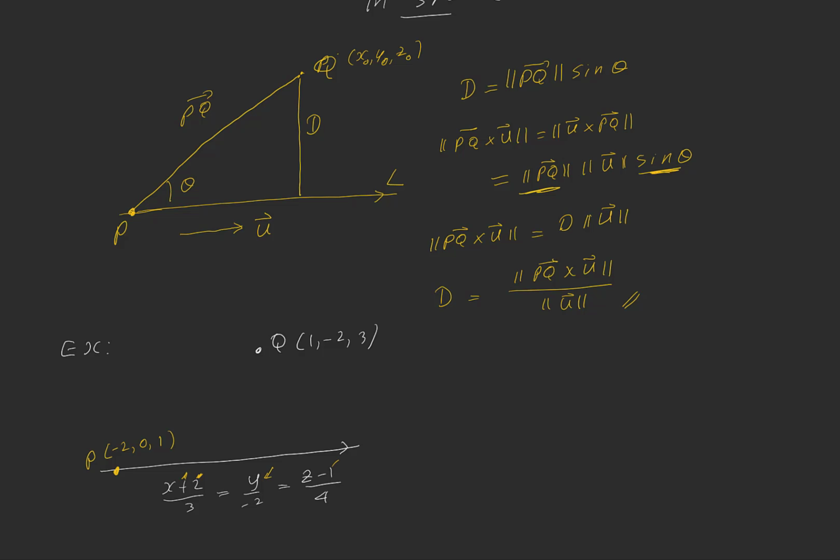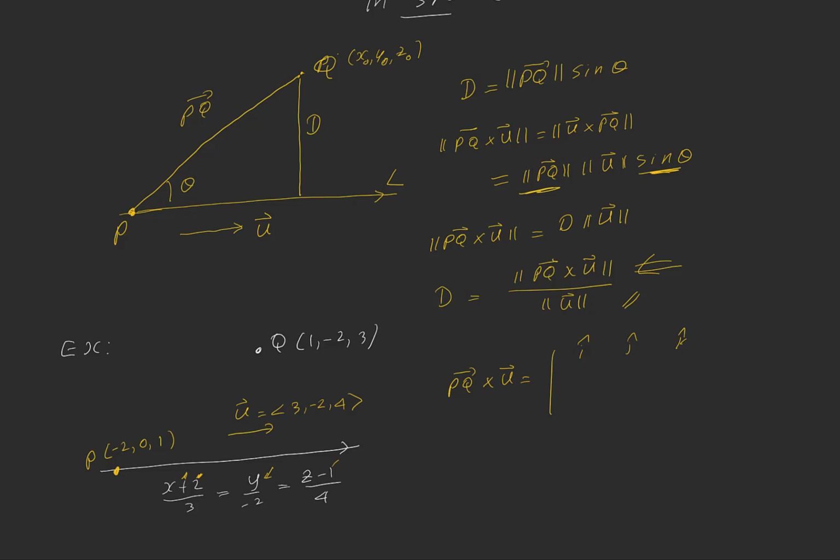So right, then what is the u vector? We know according to this it is (3, -2, 4), that is the u vector. So according to this theory, we need to find PQ cross U, right? So I do PQ cross U equals the determinant with i, j, k, right?